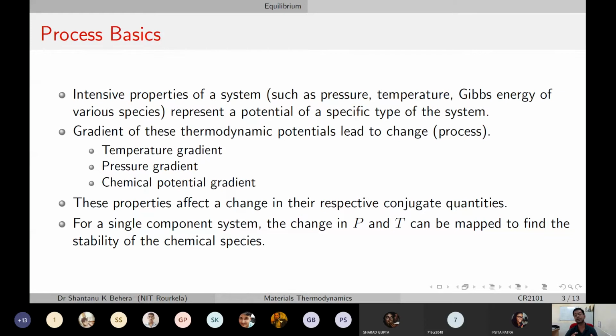Okay, it is one type or the other kind of intensive properties which is not equal throughout the system. There exists a gradient of some of these intensive properties, right, which is sort of leading the system into some kind of a process. That's why it moves. That's why it is not stable. Right? That's why it's not static. Okay? The moment some of those intensive properties are static, meaning that it's uniform throughout the system, then the system would be in equilibrium, right? And you can have many such intensive properties. The most important ones are pressure, temperature, and Gibbs energy of various species.